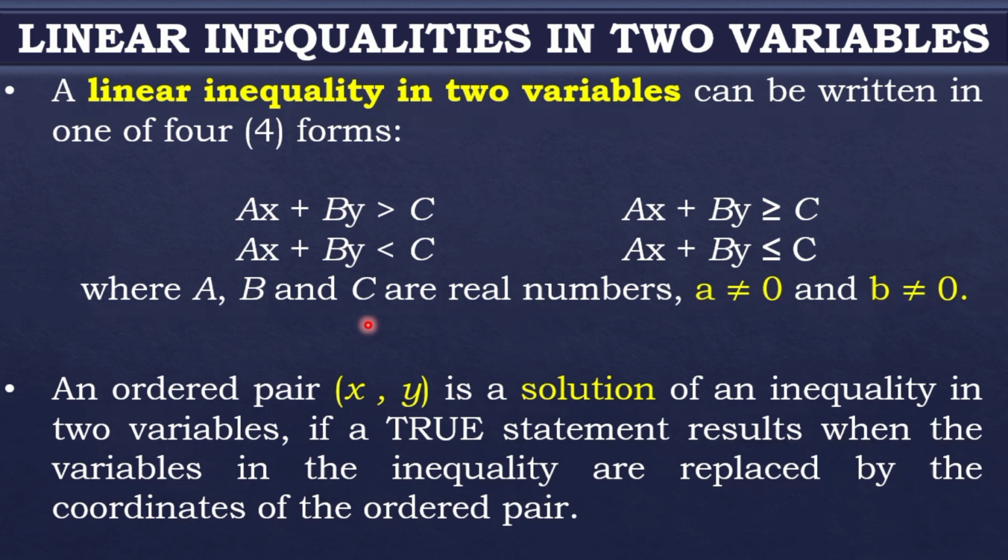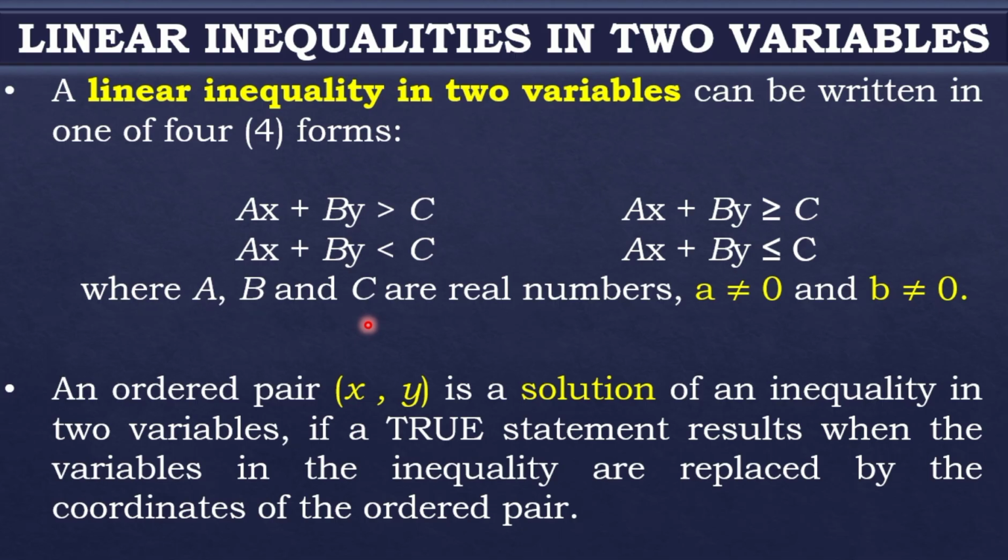And then, an ordered pair (x, y) is what we call the solution of an inequality. So, just like kagaya ng equation natin, linear equation, meron din tayong tinatawag na solution sa linear inequality. Ito yung ordered pair na sinasubstitute natin doon sa linear inequality, at kapag naglumabas na true statement, then that is a solution.